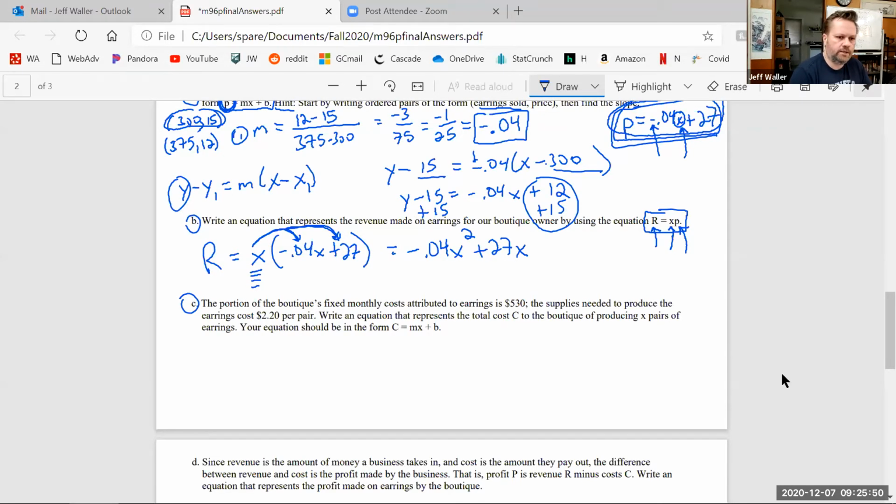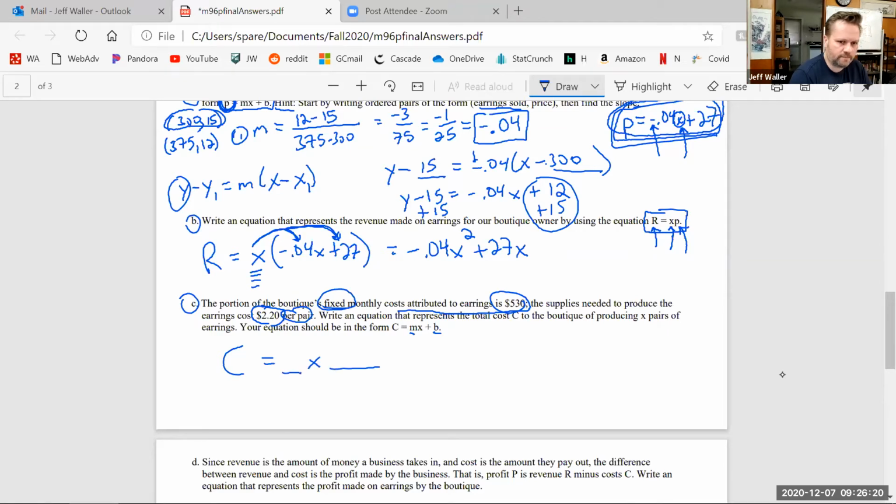The portion of the fixed monthly costs is $530. Per pair, it costs $2.20. So what will the total cost be? What is the slope? And what is the, well, if I call that what it is, it's going to give it away, right? I don't know if you guys were, what goes for M and what goes for B?